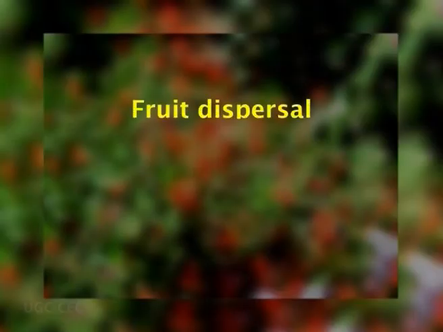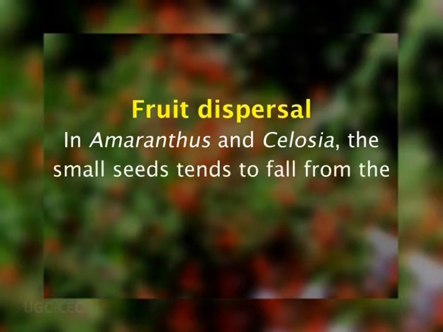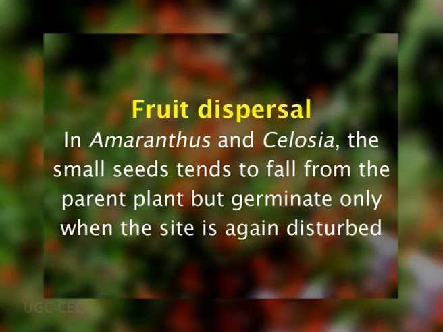In taxa like Amaranthus and Celosia, the small seeds tend to fall from the parent plant, but germinate only when the site is again disturbed. Many seeds are accidentally eaten and thus dispersed by browsing animals.